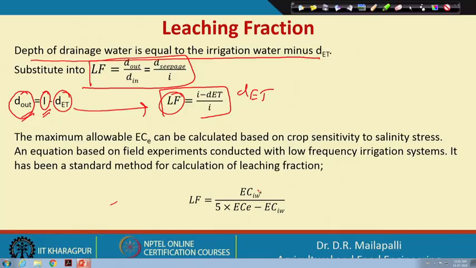LF can be estimated as EC of irrigation water, EC IW, divided by 5 times EC of soil minus EC of water. This is an empirical equation and is mostly considered a standard equation to estimate the leaching fraction.